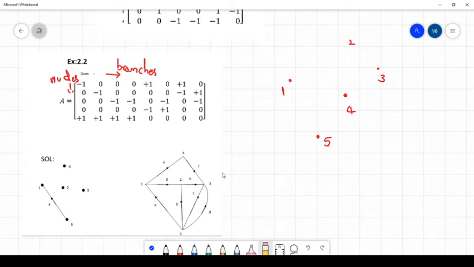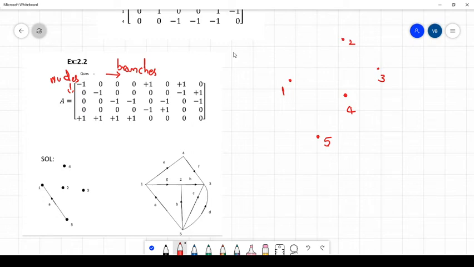So first you observe the first column. The first column is nothing but branch A. In order to draw a graph for an incidence matrix, first you need to observe branch wise. How many branches are there? A total of 8 branches.